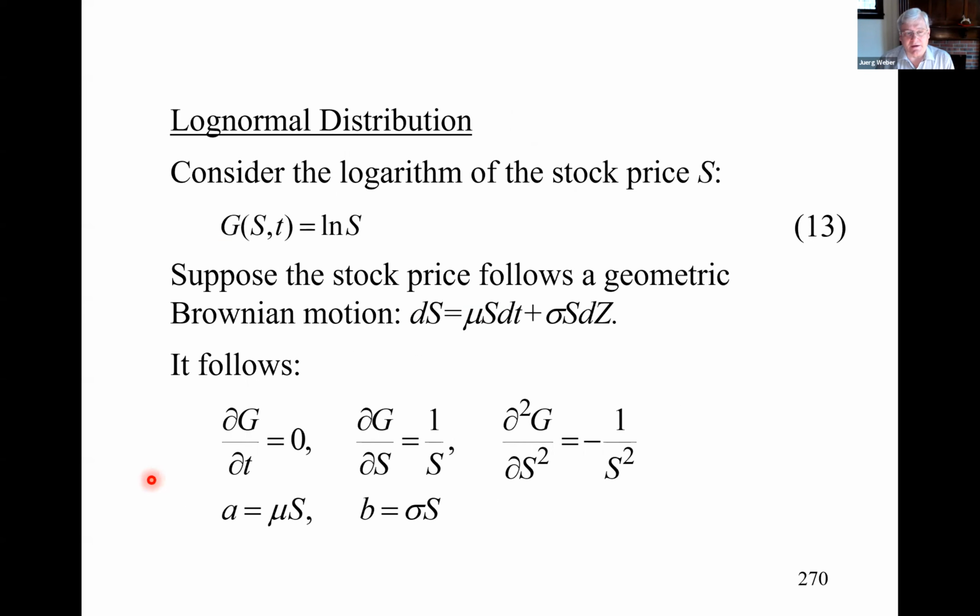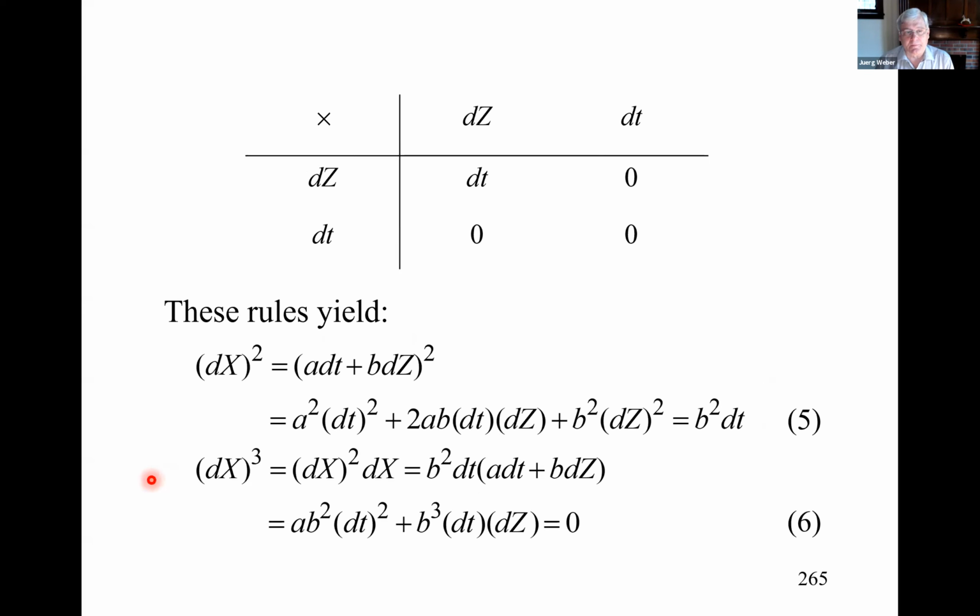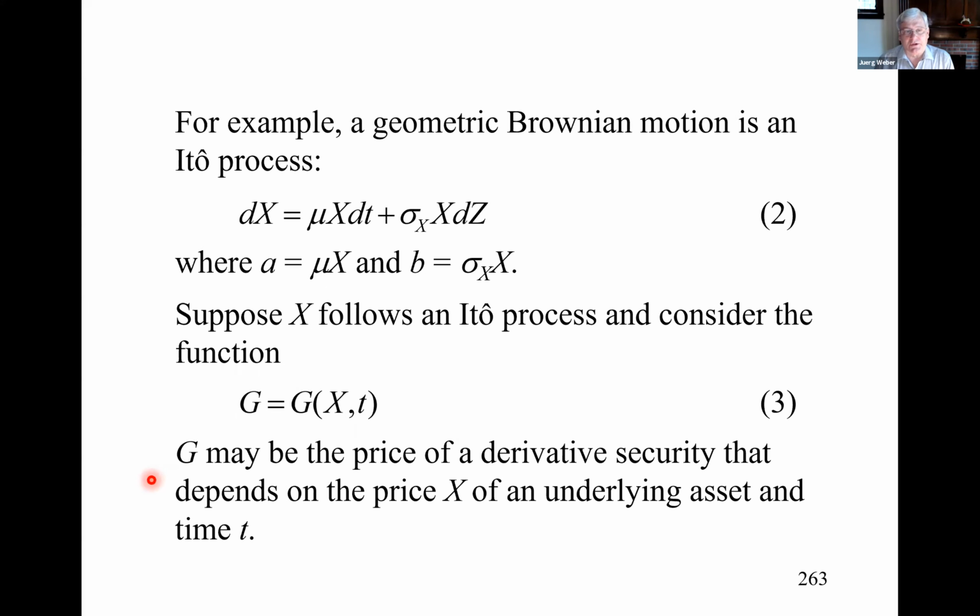If we go back to the geometric Brownian motion, remember the drift is actually determined as a percentage of the level of the variable x. Mu is a percentage. And the same thing, the volatility is expressed as a percentage of the level of the variable. So here it becomes dollar, percent of a dollar term, percent of a dollar term. So we have dollar, and then the dollar change.